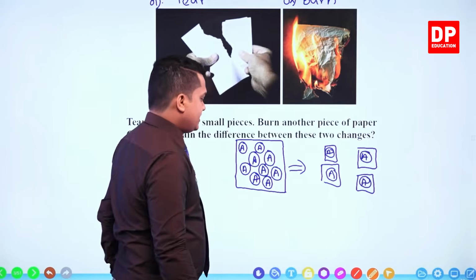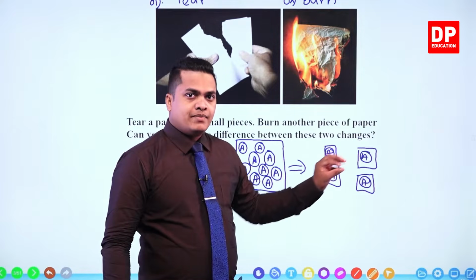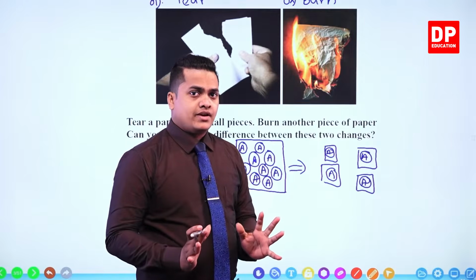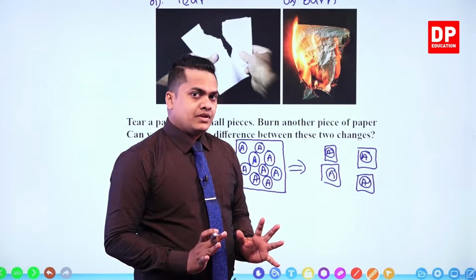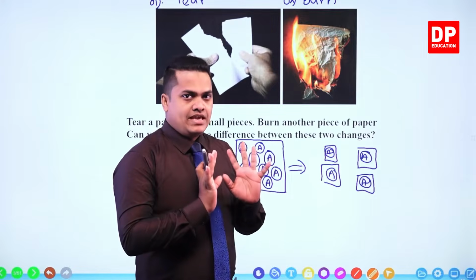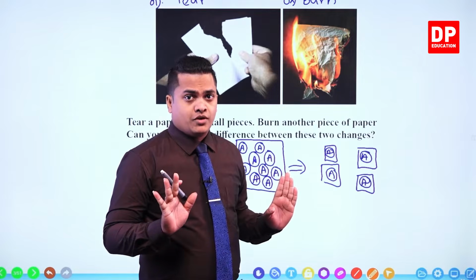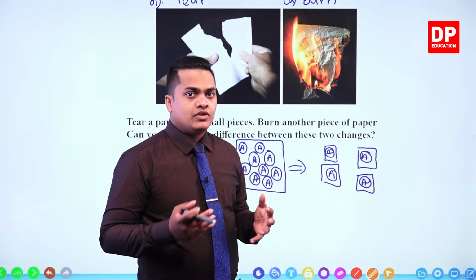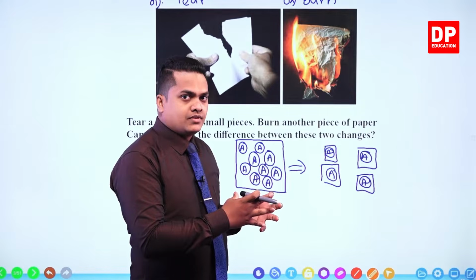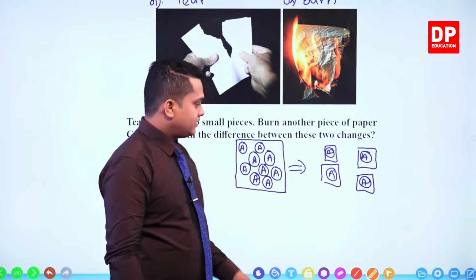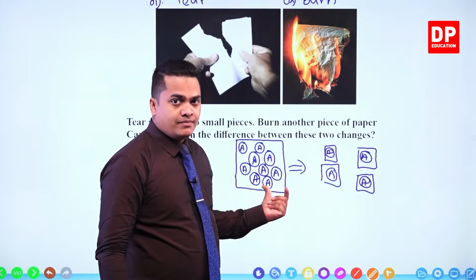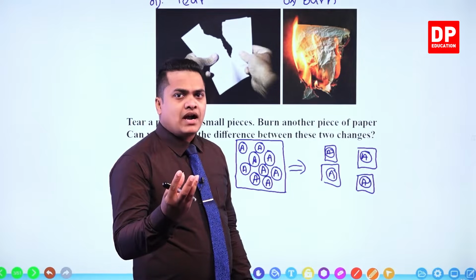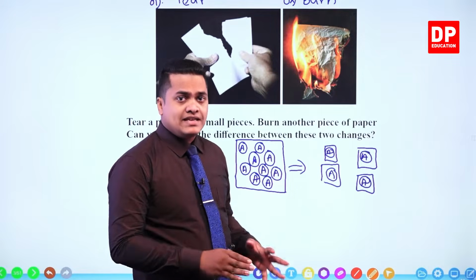When I'm tearing it down, it's getting separated into smaller pieces like this. Even though it's getting separated into pieces, it's made up of particles A. That's just an assumption, okay? Just an assumption to give you an idea about this tearing process, right? The simple idea is that when I take the piece of paper and tear it into pieces, just the size of the particles or the size of the material is getting changed.